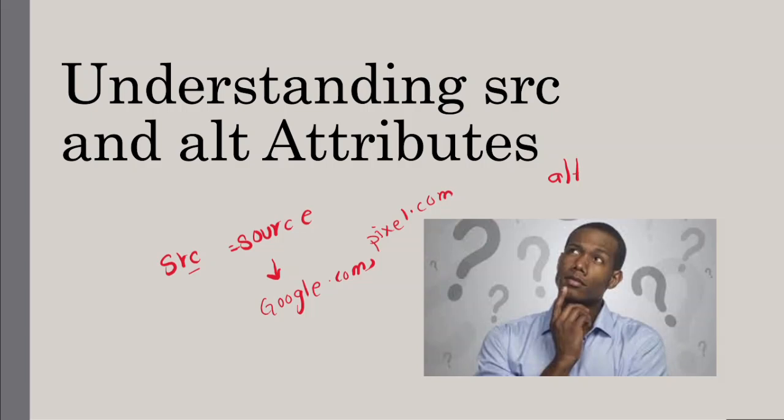So SRC tells the browser where the image is located, or the source of the image, from where the image is coming. We will give an example of a car.